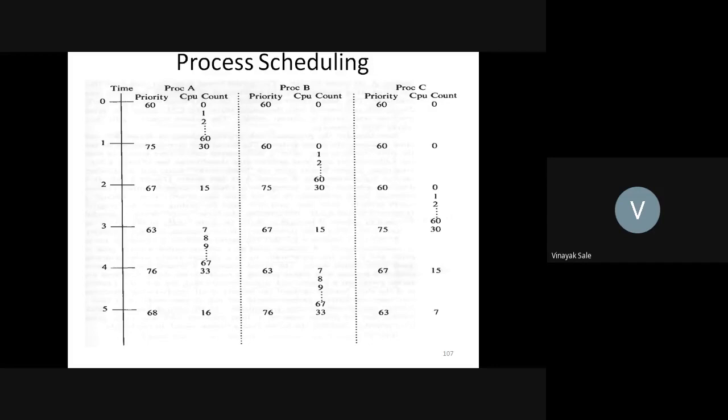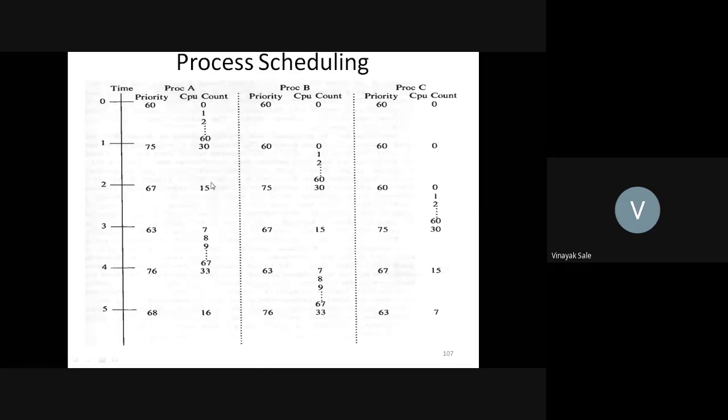So at the next time, execution starts from the next slot for process A. Then it executes up to 67, because here the difference is 7. Initially the difference is 30 seconds after execution of process A. After execution of process B, the delay time is 15 seconds.